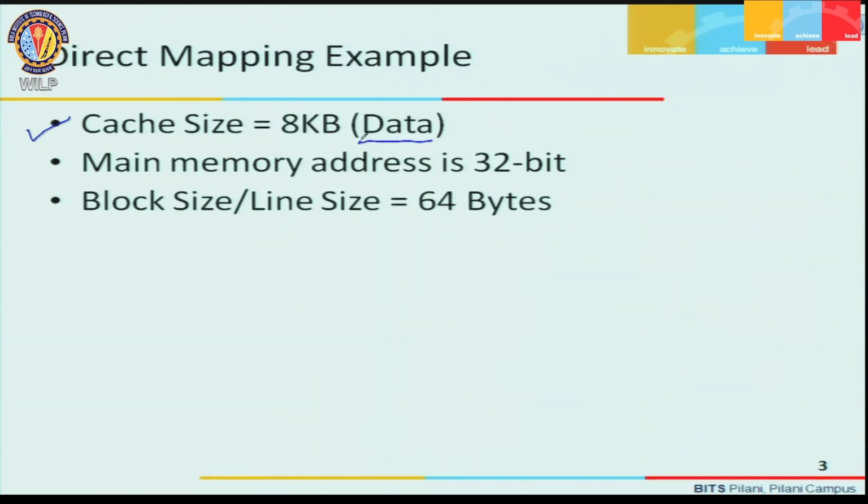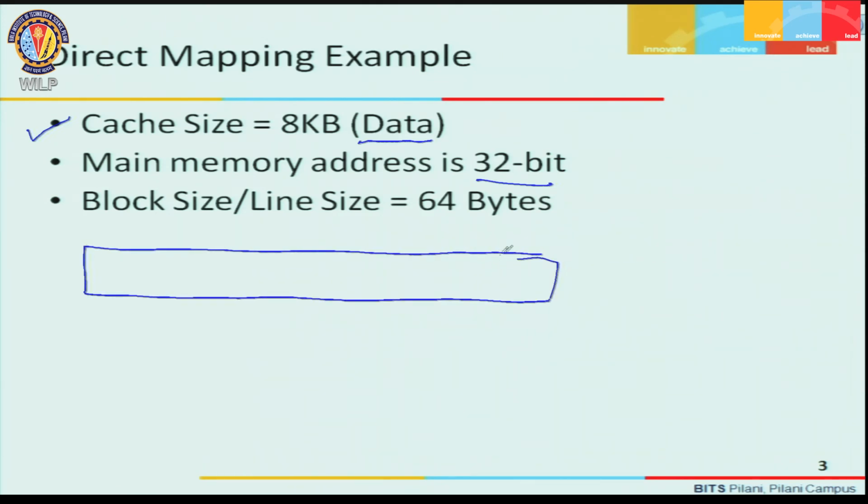So, here the main memory address is 32 bit and memory is byte addressable. So, memory addressability is byte addressable and the size of the address generated by the processor is 32 bit. Block size or line size is 64 bytes.